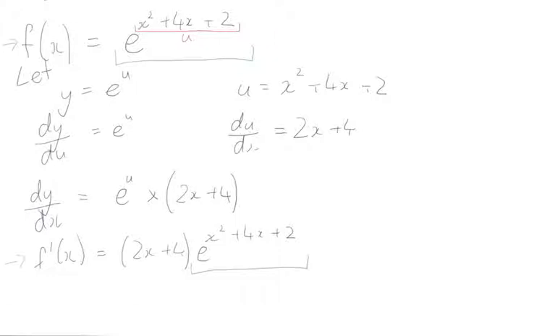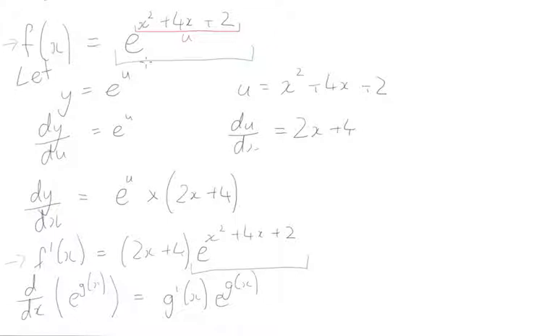So what we can say for a rule, if you differentiate d on dx, if you have e to the f of x, that's not very nice for notation. I'm going to change it to be g, just to make it clear so we don't get confused with our question. E to some function, g of x. Then when you differentiate that, you get the derivative of that function, g dash x, and then e to the g of x. And you can see that happening in our above scenario.